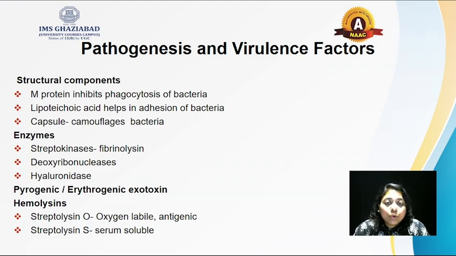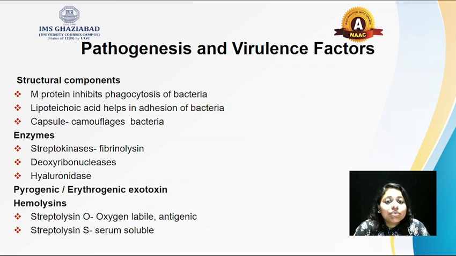Next, what else can be virulence factors? They can be the enzymes released by the bacteria. The enzymes which have the potential to cause infection in the individual can be streptokinases, deoxyribonucleases and hyaluronidase. Next are the pyrogenic or erythrogenic exotoxins, which in the last slide I discussed under toxin mediated diseases.